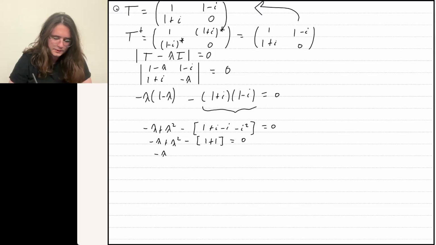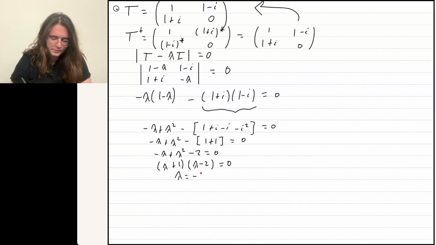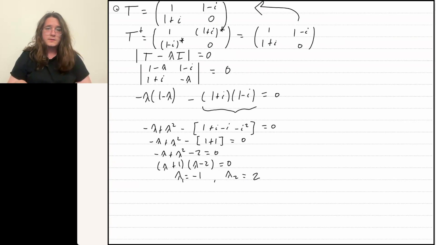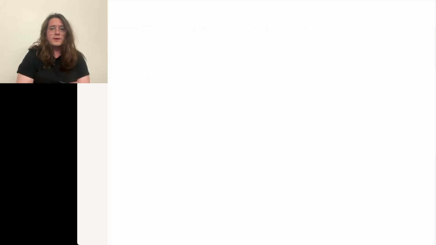So the solution to that ended up being 2. So we have minus 2 equals 0, right? And then we can just factor that out. We can have lambda plus 1, lambda minus 2 equals 0. That's an equivalent statement. And we'll see that the solutions are minus 1, that's what I'm going to call lambda 1, and then lambda 2 is at positive 2. Those are the eigenvalues, right?